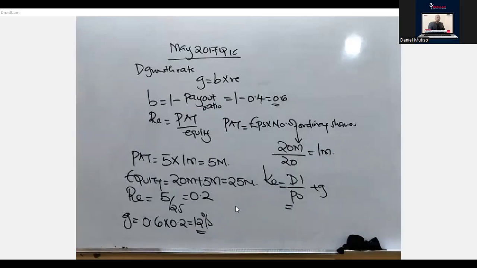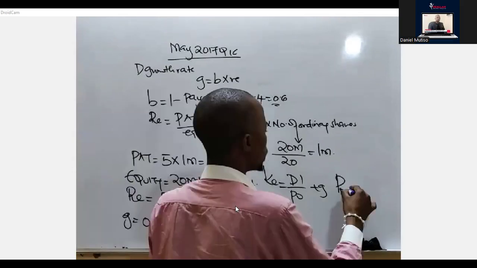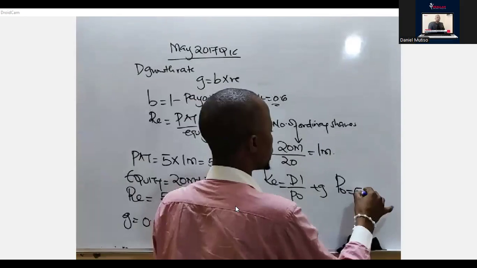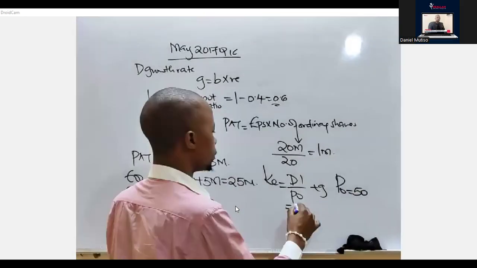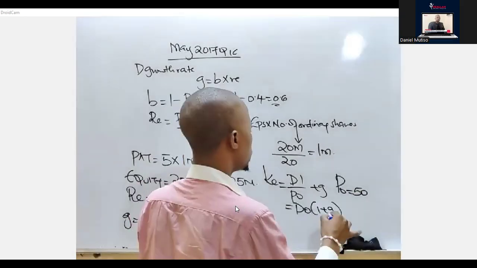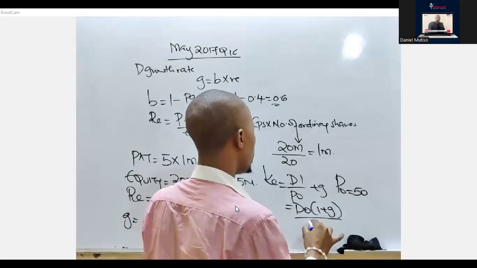So our P0 is equal to 50. So it means D0 times 1 plus g, you divide by P0, plus g.